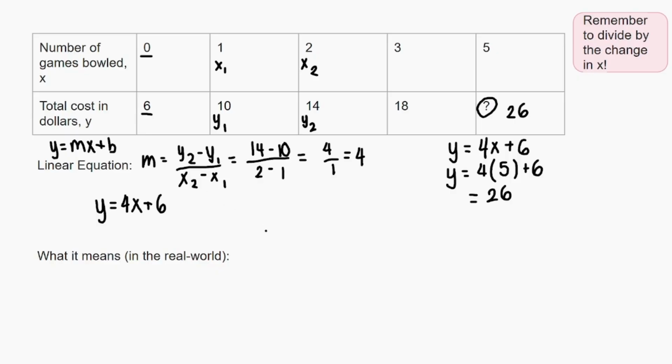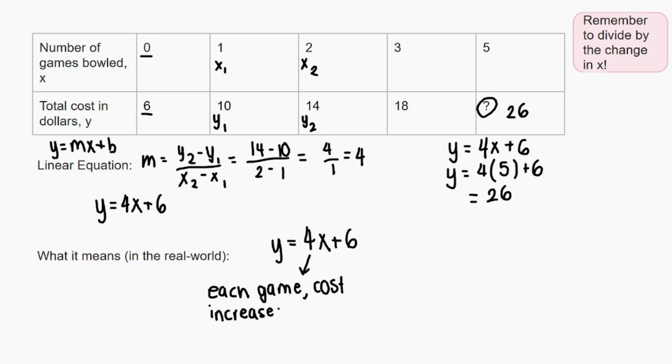Now, let's interpret this equation in the real world. y equals 4x plus 6. This means that each game cost increases by $4, and that's going to be your slope.